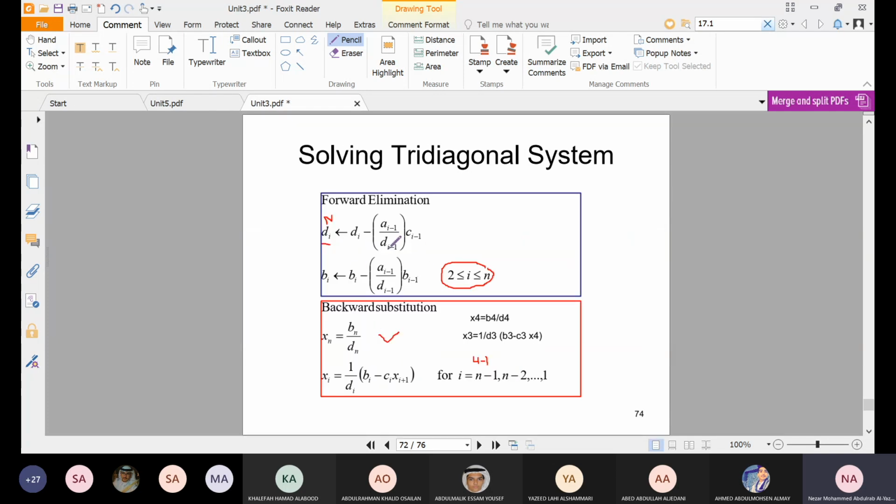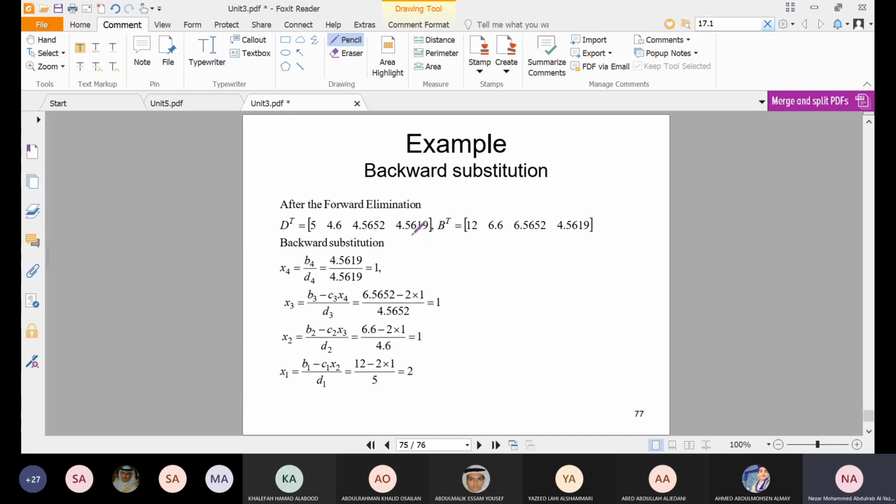So you can see we update only by doing the elimination, we update these and the B's. After we do this updating, we will get this new, updated matrix. And then after we update the matrix, we do back substitution to find the value of the unknowns.